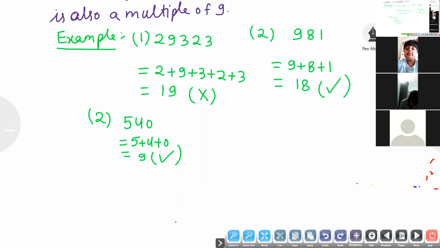If I am talking about the divisibility rule of 9, then the sum of all digits is a multiple of 9. Only this difference is there. Multiple of 3, multiple of 9. Understood everyone?